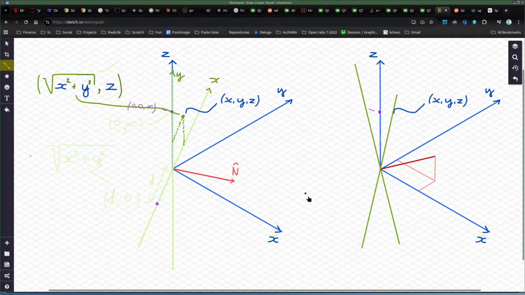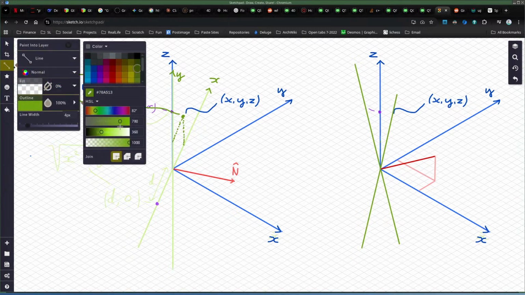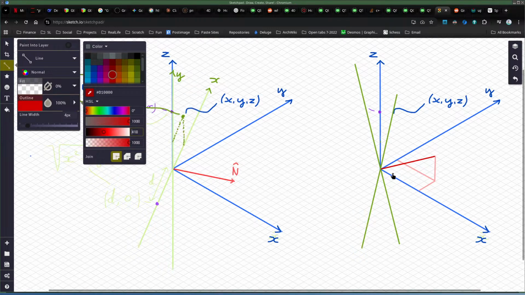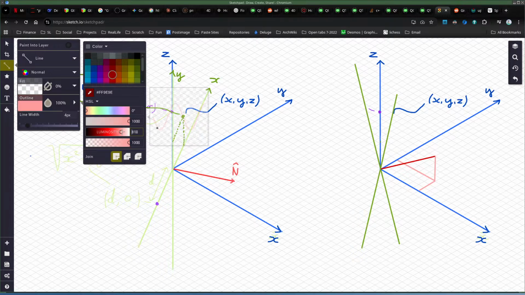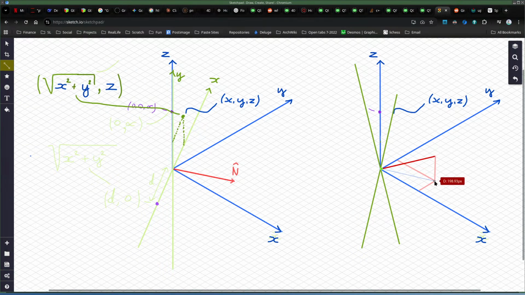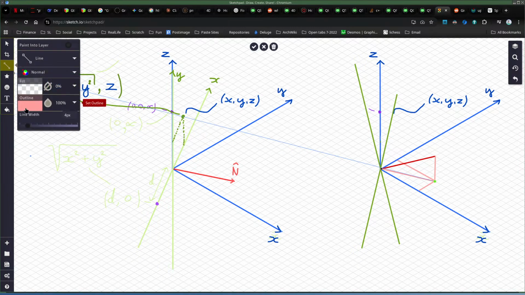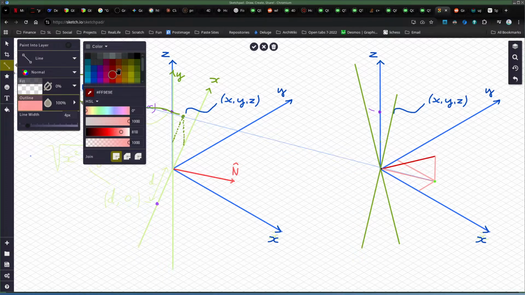Oh, but okay. Let's say this, the angle that this thing makes, it's pretty big actually. There's a line here. And then we have an angle here.